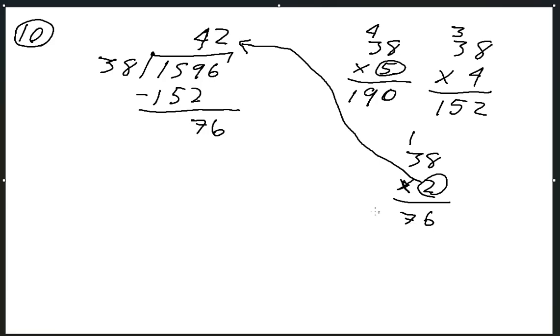And what do you do with the 76? You subtract it from 76. 76 minus 76 equals 0. That means you do not have a remainder. So your answer is 42. So 1,596 divided by 38 is 42.